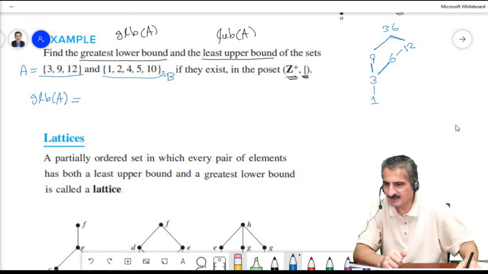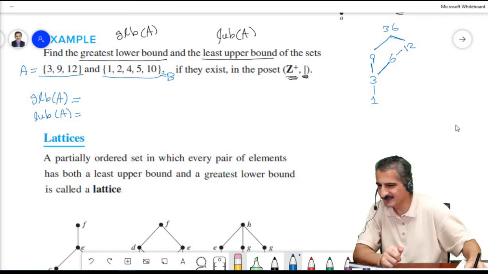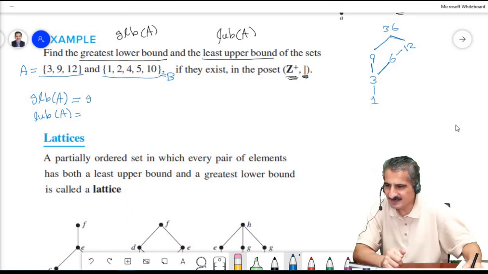Now you can tell me what is the greatest lower bound and what is the least upper bound of A. You can simply say the greatest lower bound is the greatest common divisor of A, and the least upper bound is the least common multiple of A. The greatest common divisor is 3 and the least common multiple is 36.